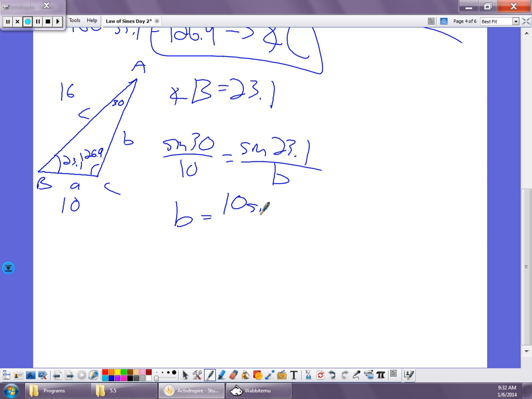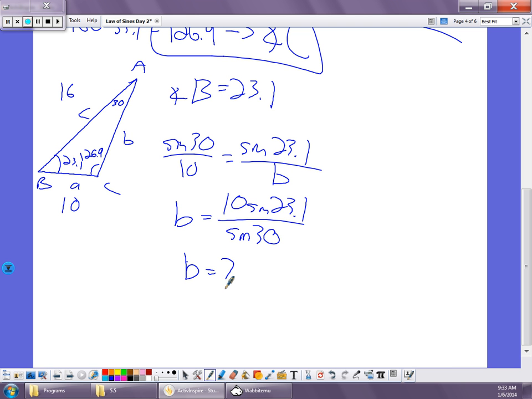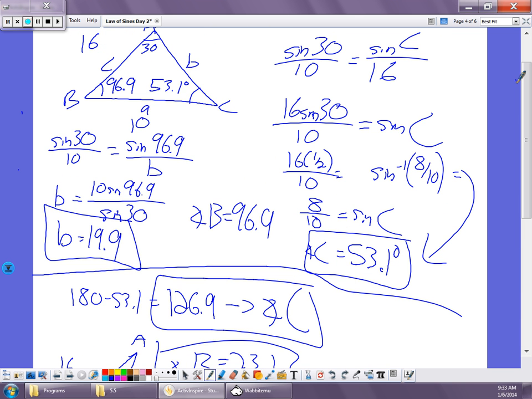So you get 10 sine 23.1 over sine 30, and you get 7.8. So we ended up with two different possible triangles. One that looked like this with an obtuse angle, and one that looked like this with an acute angle. So that is the two cases when you have an angle side-side.